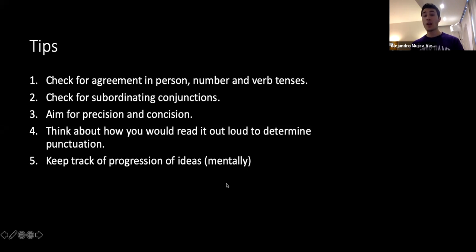Keep track of your progression of ideas mentally. So remember the placing the sentence exercise where we're asked, place it after sentence 1, place it after sentence 2, sentence 3, or right where it is. It's important because obviously you don't have a lot of time. You're not going to make this whole analysis of what each sentence stands for, unless you're saving time, unless you've done everything else and have a lot of time, which is not a bad idea, by the way.